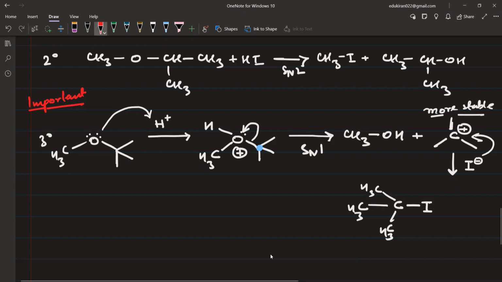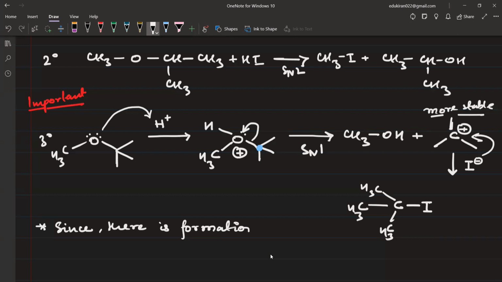Okay, so if they will ask now why is the tertiary alkyl halide formed, you will say since there is formation of 3-degree carbocation which is more stable.